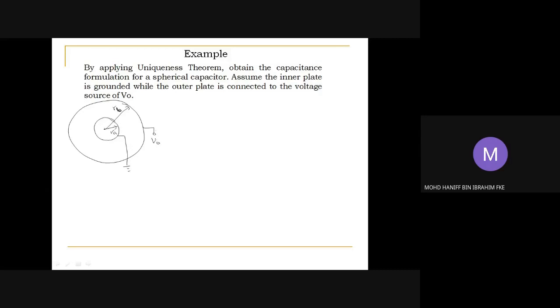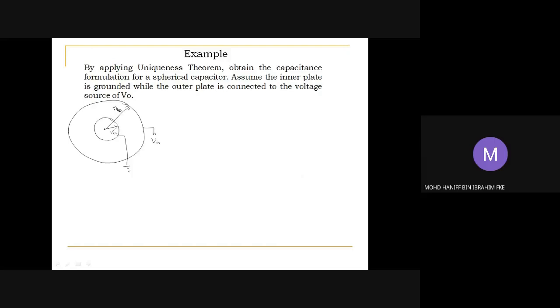Okay, so in your case, if you're not given this information, what you can do is assume the potential value for your structure. Because as we mentioned earlier, in order for us to use the Uniqueness theorem, you need to have two pieces of information. The first one is the area properties.